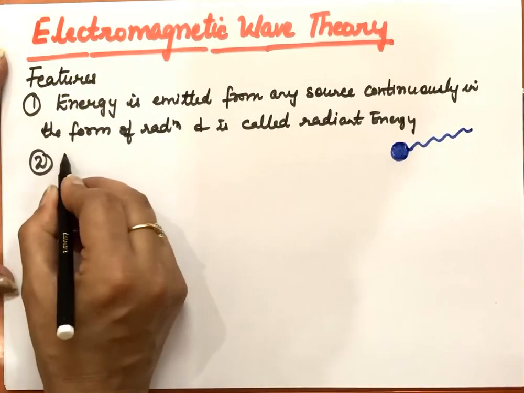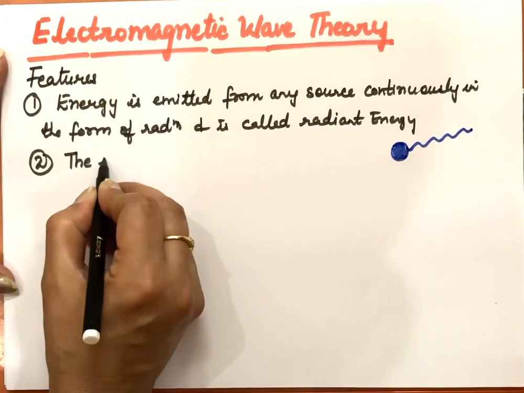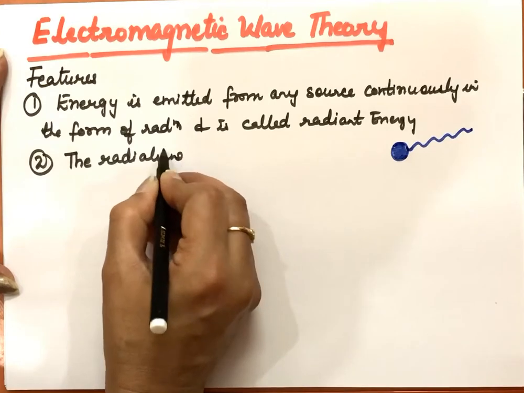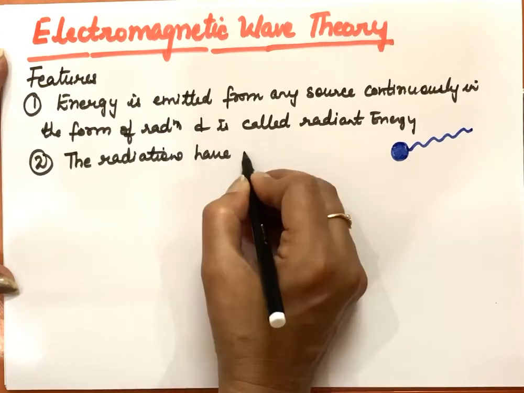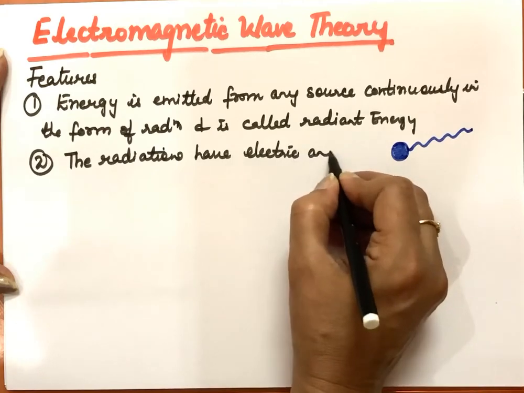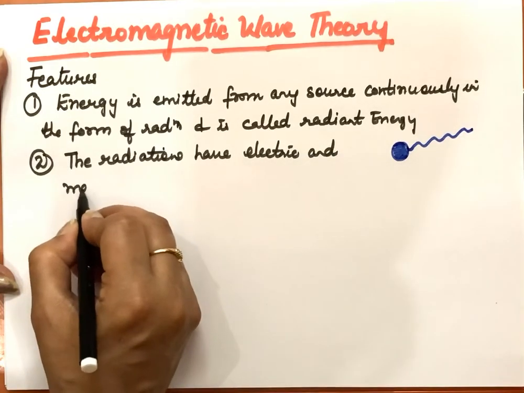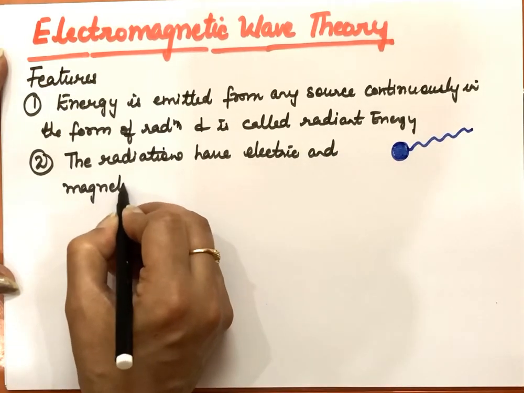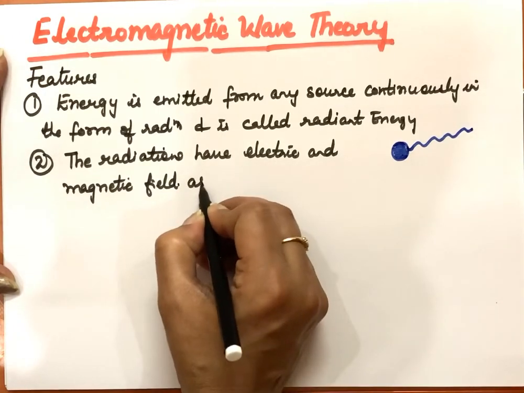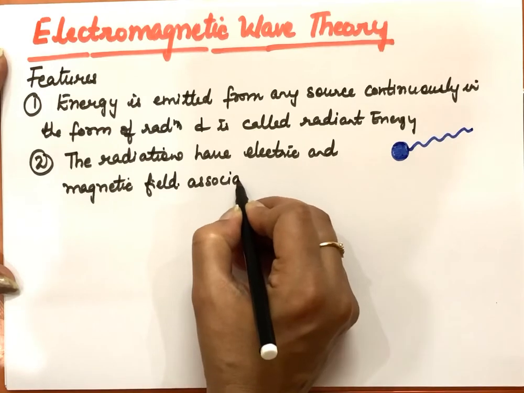Next, the radiations which are emitted by this substance continuously have electric and magnetic fields. They have both the fields associated with them, electric and magnetic fields. That is why the name is electromagnetic wave theory.